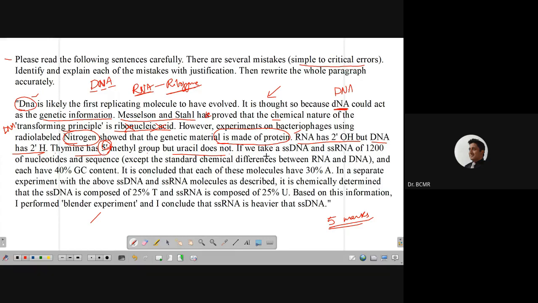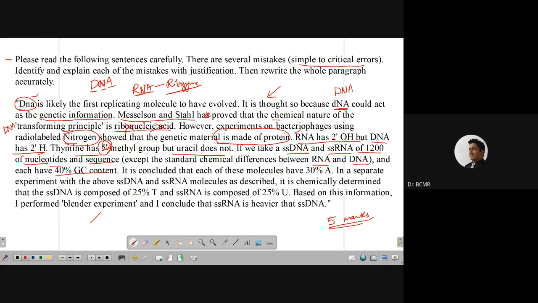If we take a single-stranded DNA and single-stranded RNA of 1200 nucleotides, with the same nucleotides and same sequence, except for the standard differences between RNA and DNA, deoxyribose and ribose, and also thymine and uracil, and they have about 40% GC content.